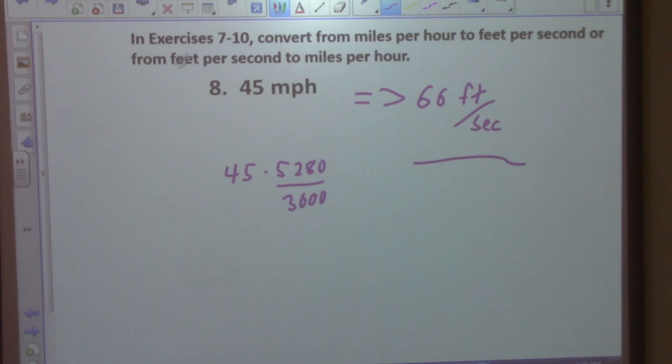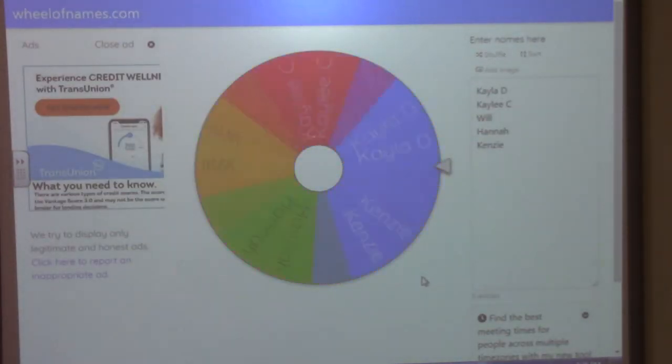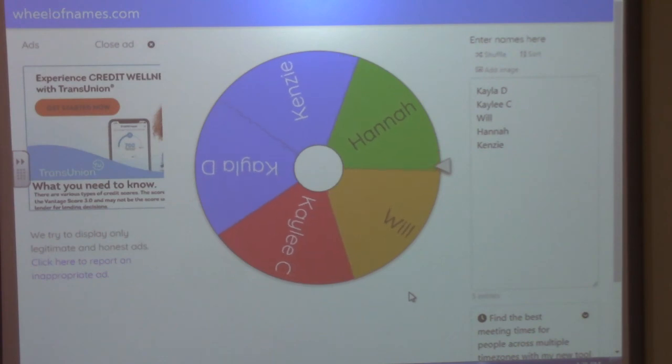Yeah. Okay, good. Now this time we're going the opposite direction. We're given feet per second, but we want to change it to miles per hour. So here we are, 8.8 feet per second. I want to change this to miles per hour, and the person who's going to help us do that is Will or Hannah.